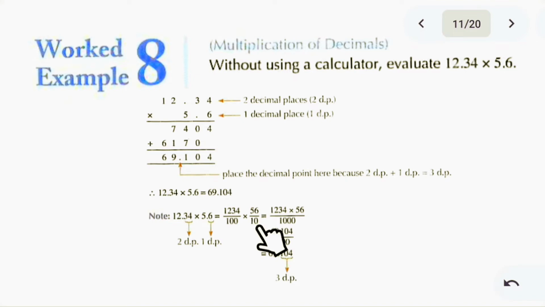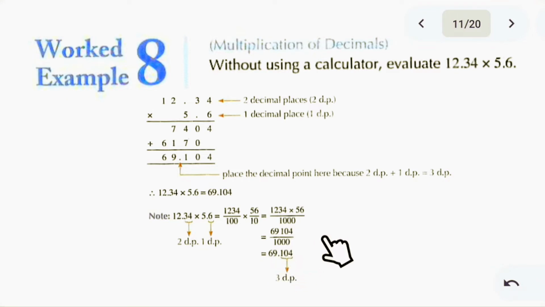How many decimal places there are depends on how many zeros we write in the denominator. So first we remove the decimals, then multiply numerator with numerator and denominator with denominator, divide them with a calculator or another way, and we get the answer 69.104.